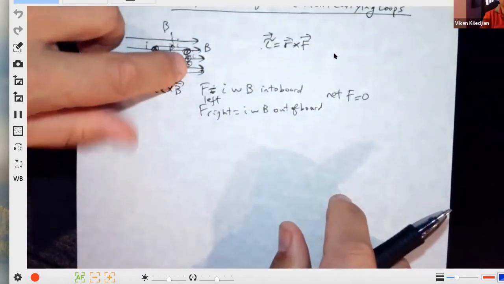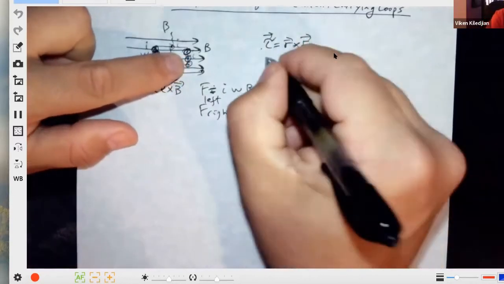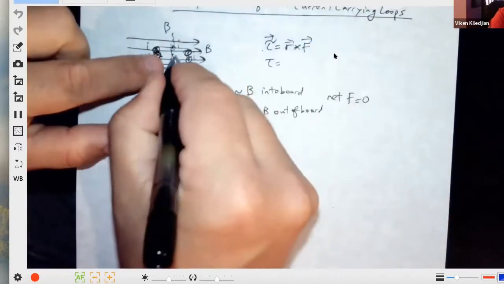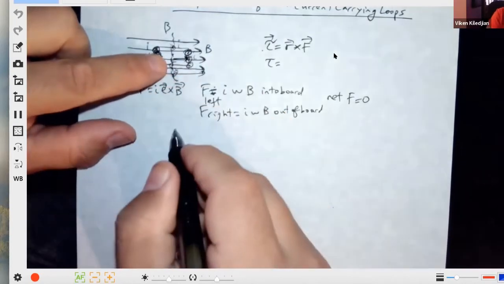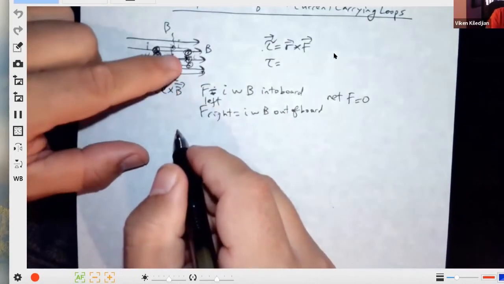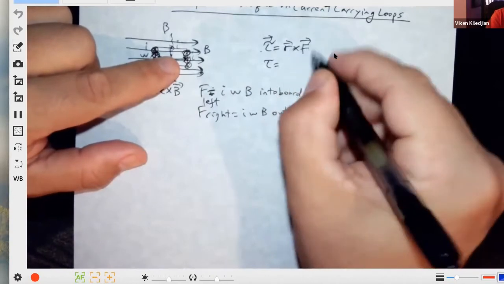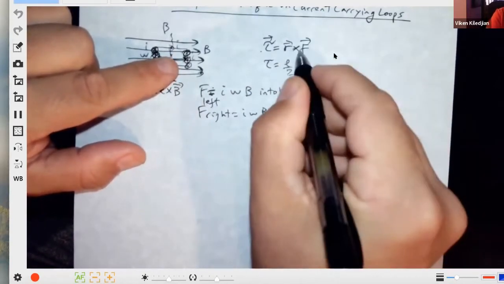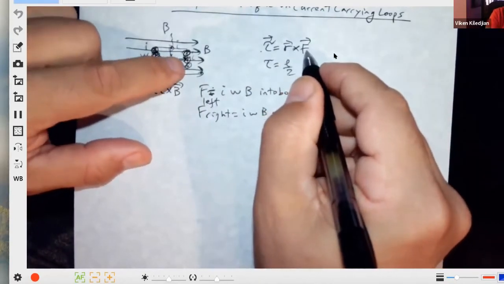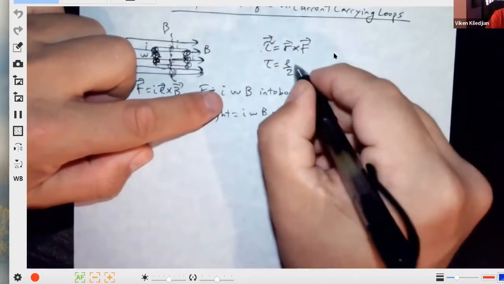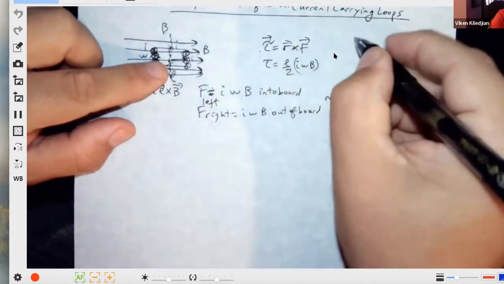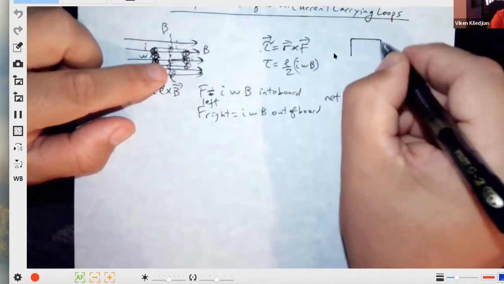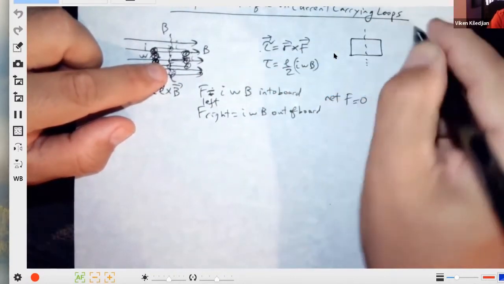So then the torque due to the right force: the R is going to be the length from here to here, so that's L over 2, right? Half the length. And then crossed into the force, which is this guy, IWB. So it's basically like this. This is the axis of rotation.